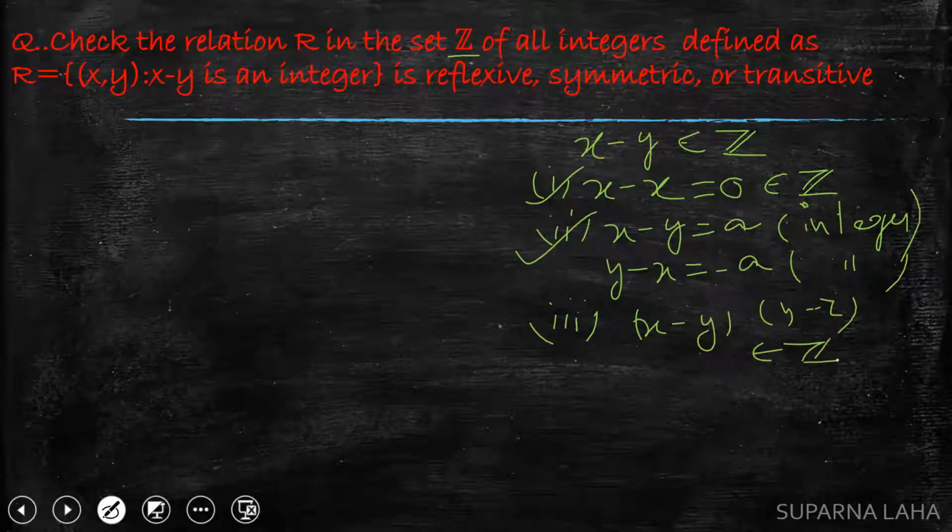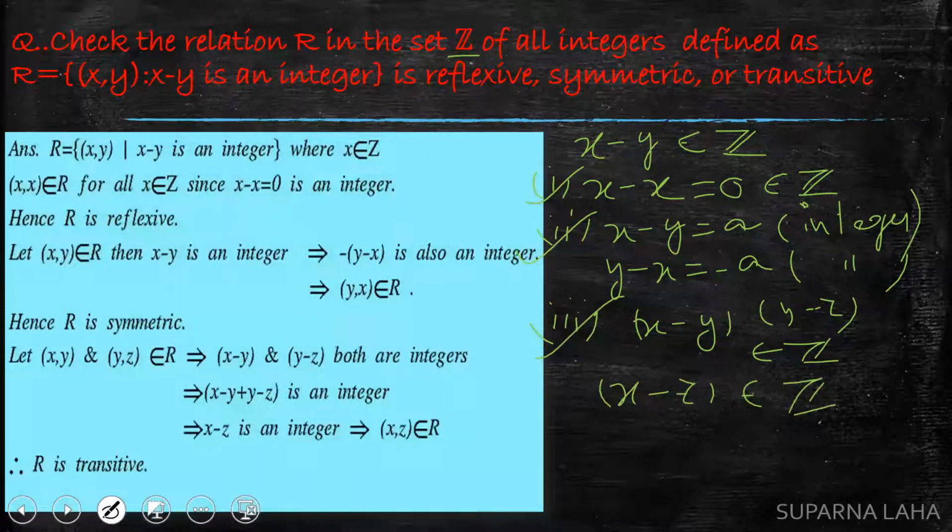Now by the property of integers, if we take their sum, then we'll find x minus z, which also belongs to the integers. Hence this third property is also satisfying, that is this is a transitive relation. Here you can check the solution. R is reflexive, R is symmetric and R is transitive.